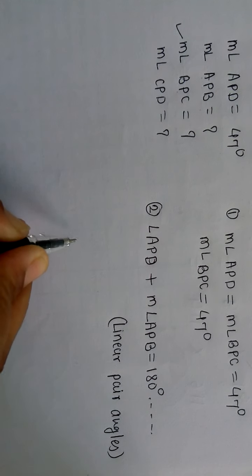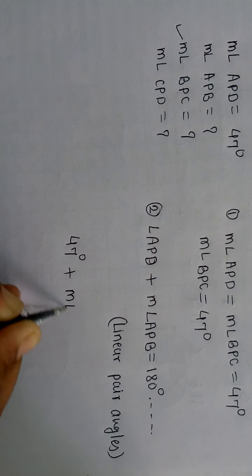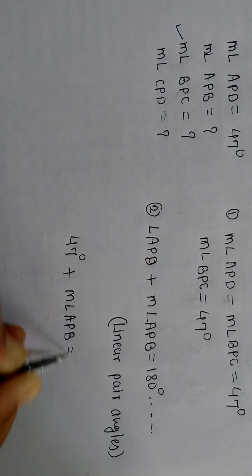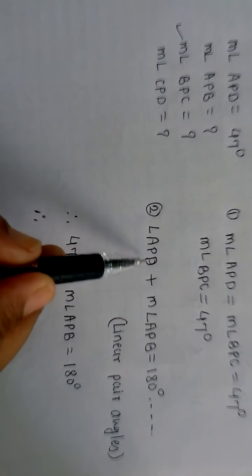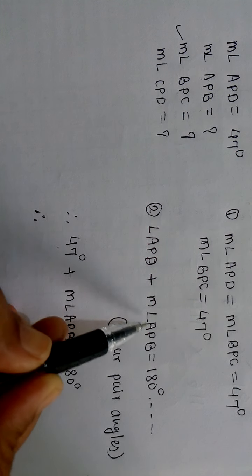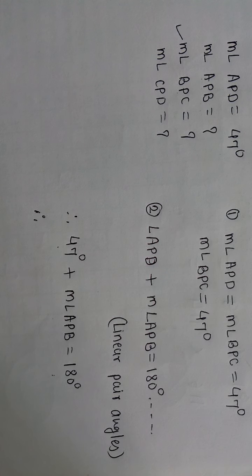Now we know the measurement of angle APD. It is 47 degrees. So here we will write 47 degrees plus measure of angle APB is equal to 180 degrees. Means here the measurement of angle APD is written 47, APB as it is, and 180 degrees also as it is.